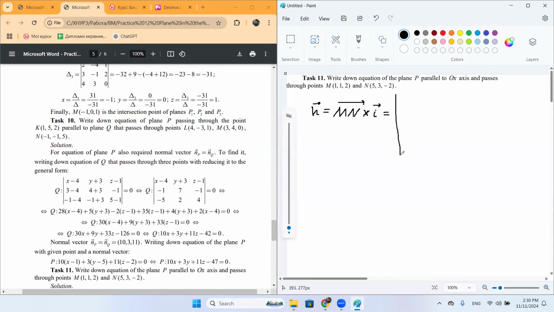So finding the coordinates of the normal vector. So MN is 4, 2 minus 4, and i is 1, 0, 0.